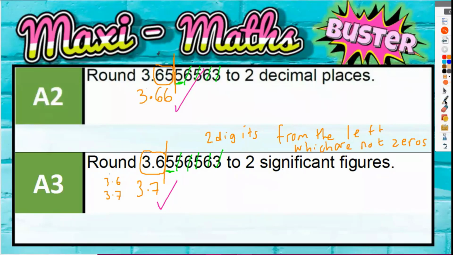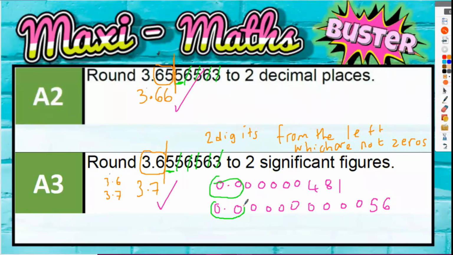Now, I did talk about this not zeros, the first digits from the left which are not zeros. And the reason that rule exists is because of this. If you had some numbers which had a load of zeros, really tiny numbers, like that, or maybe like this one, which has got even more zeros in it, then if you had a load of really tiny numbers that began with 0.0 something and then several more zeros as well, if you did it to 2 significant figures, and you did not have the rule about the first 2 digits from the left which are not zeros, then every single time, to 2 significant figures, the answer would always be 0.0.